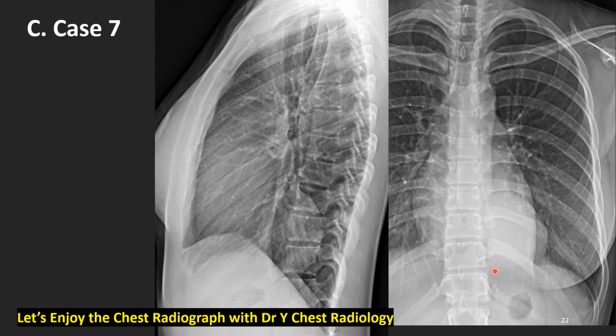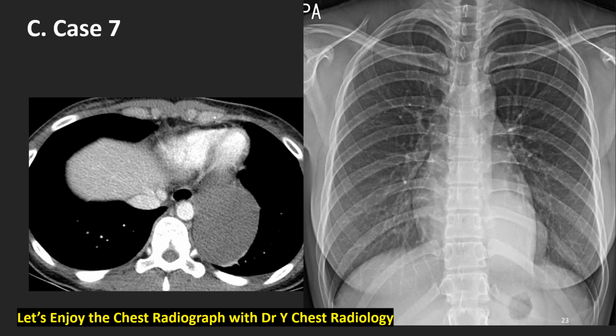Also means posterior in location. And the diaphragm is also obscured. That means in contact with the diaphragm. So this well-defined mass is a left paravertebral compartment mediastinal tumor, well-defined mediastinal tumor.